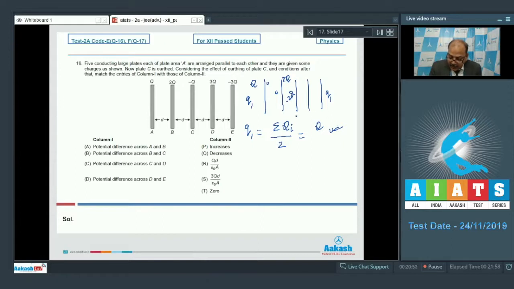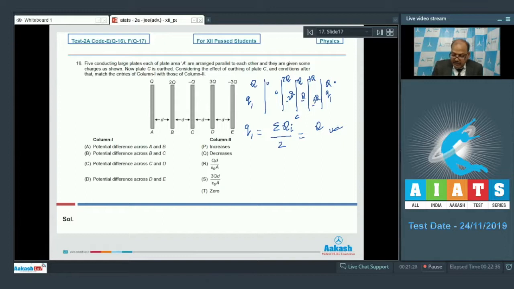Since plate C has charge minus Q, on this side there will be plus Q. And again here it's going to be minus Q. Here it's going to be then plus 4Q. And here also again it's minus 4Q. We can see that here again it's Q. This is the charge distribution on the surfaces of the 5 plates. This is before earthing of plate C.